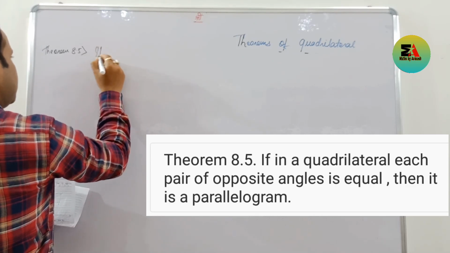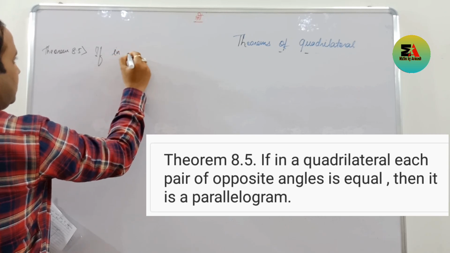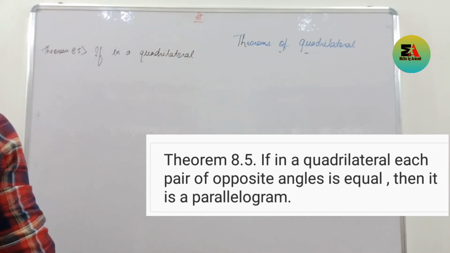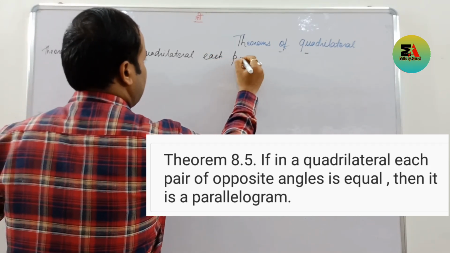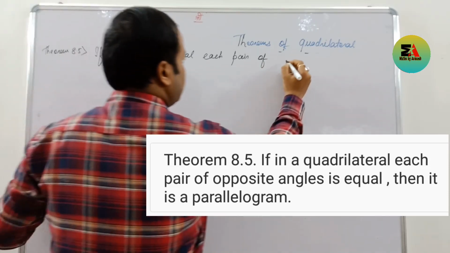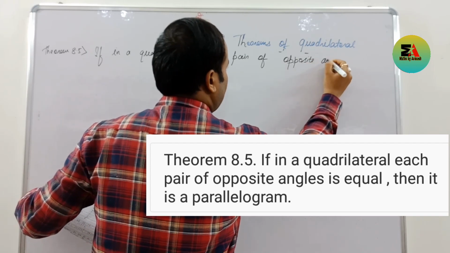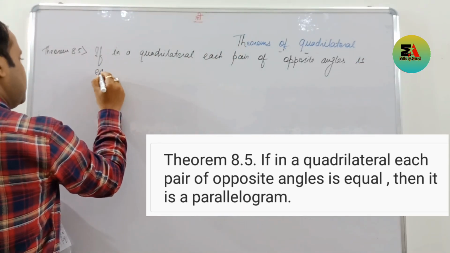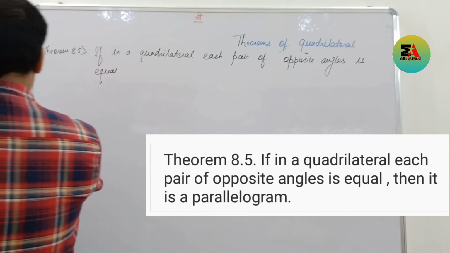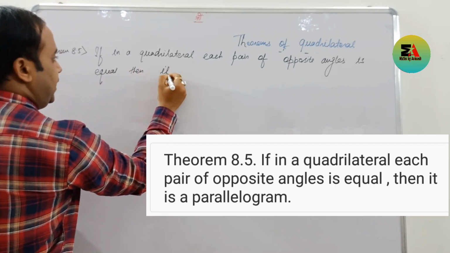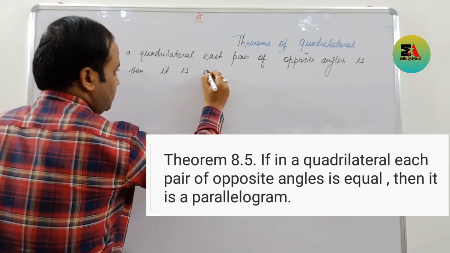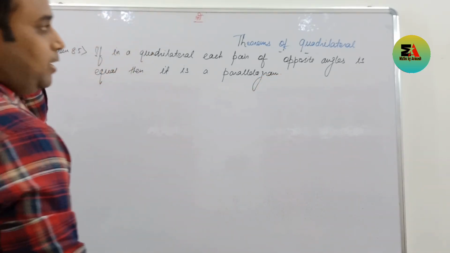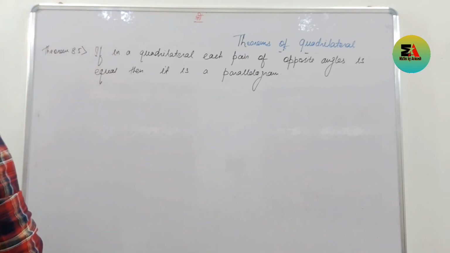The theorem says: if in a quadrilateral each pair of opposite angles is equal, then it is a parallelogram.